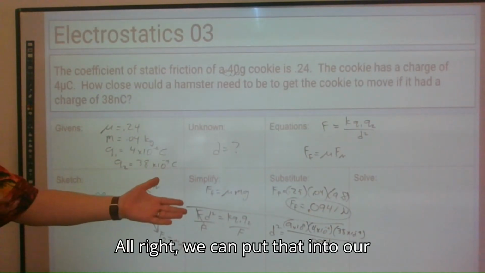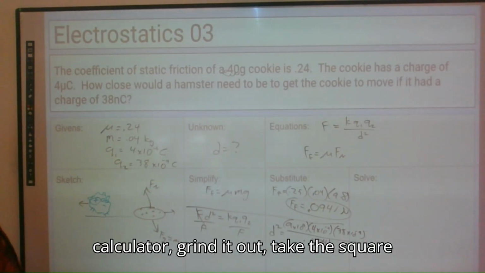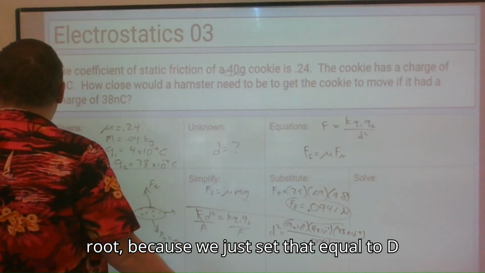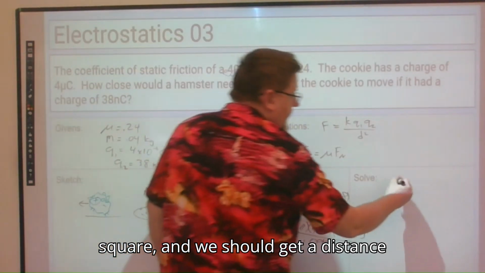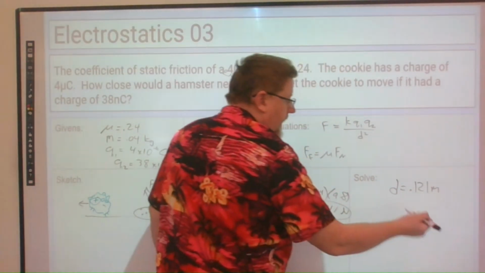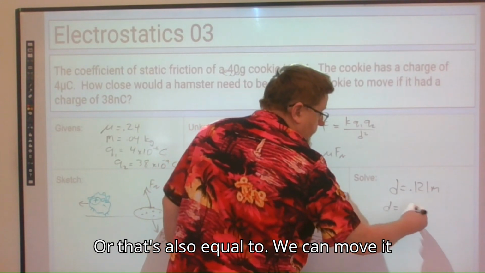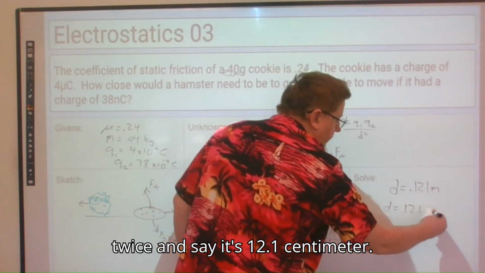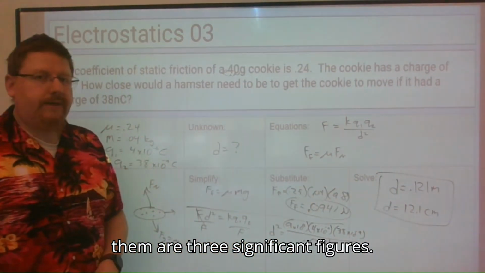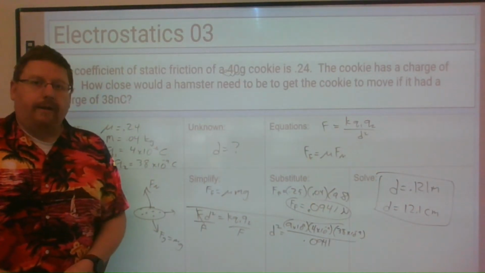All right, we can put that into our calculator, grind it out, and take the square root because we just set that equal to D squared. And we should get a distance of 0.121 meters, or that's also equal to, we can move it twice and say it's 12.1 centimeters. Either of those is acceptable. Both of them are 3 significant figures. And we're done.